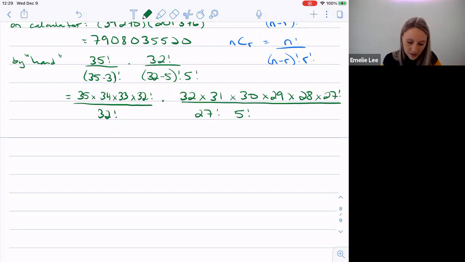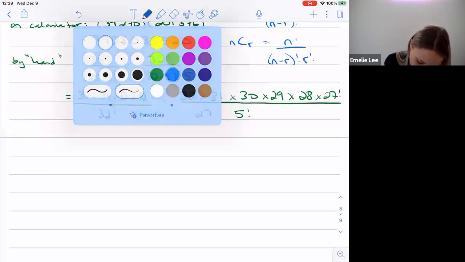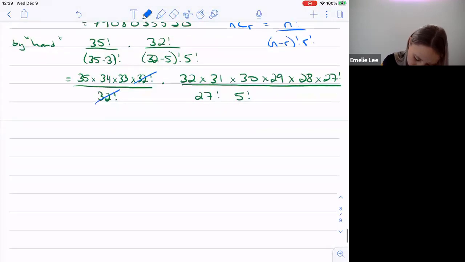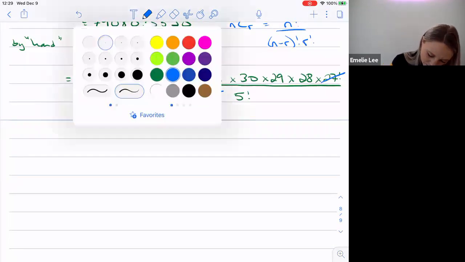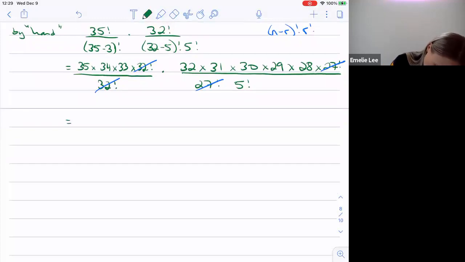The reason I wrote them out like this is so that I can cancel the 32 factorial with the 32 factorial, and the 27 factorial with the 27 factorial, remembering that 5 factorial is just 5 times 4 times 3 times 2 times 1. It's still going to be a really nasty calculation. So that's what I mean by hand. I'm still going to have to do 35 times 34 times 33 times 32 times 31 times 30 times 29 times 28 over 5 times 4 times 3 times 2 times 1. But we can do it.